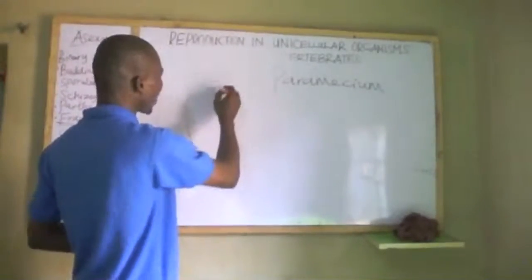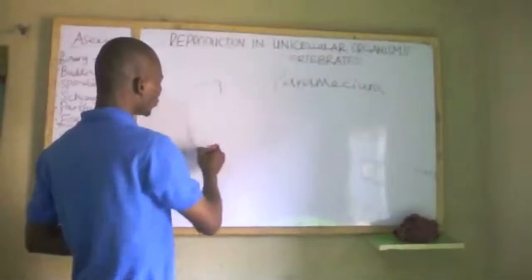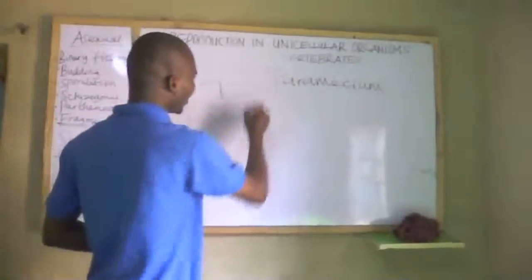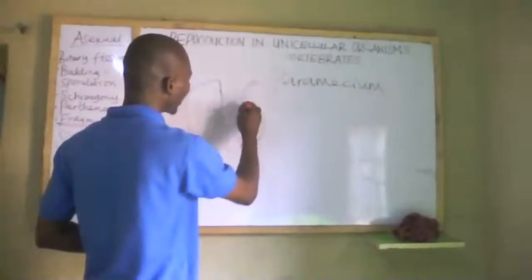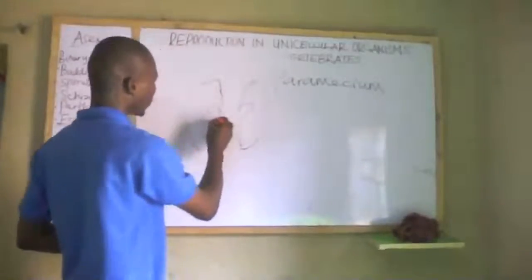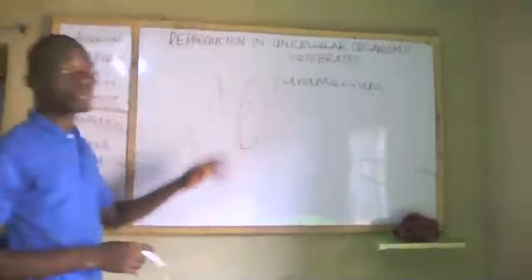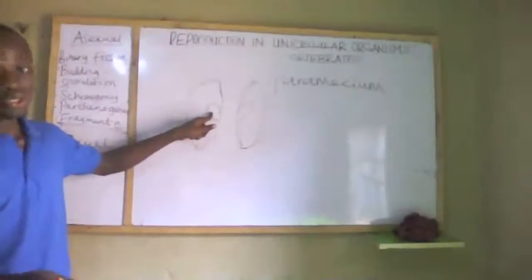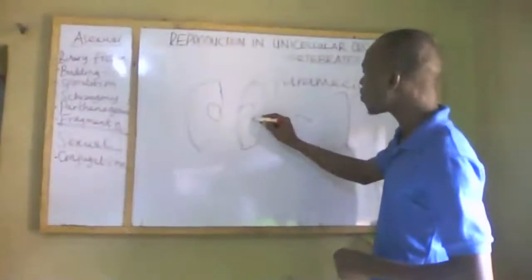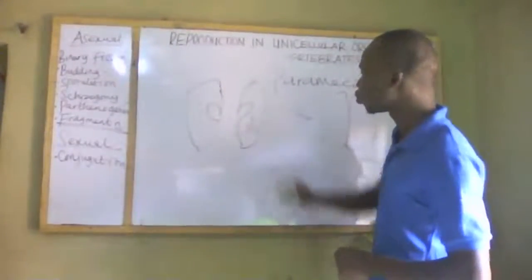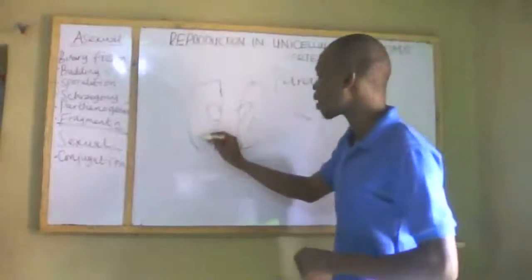The two paramecia will come together and be united through their oral groove. In the structure of the paramecium, we have a meganucleus and a micronucleus.